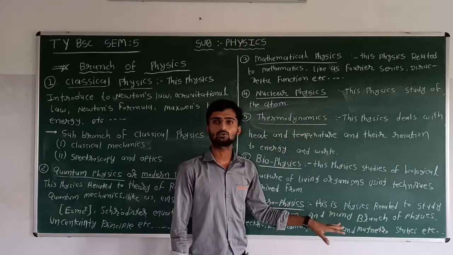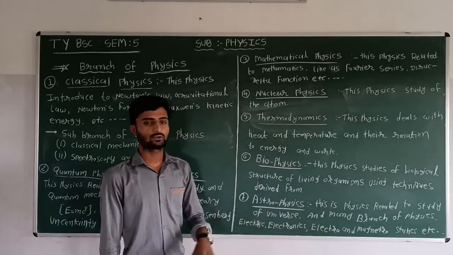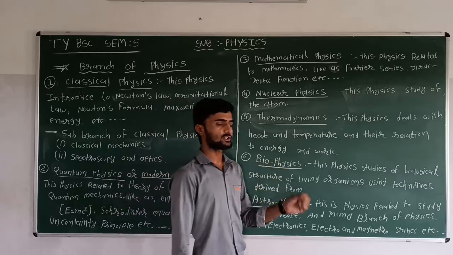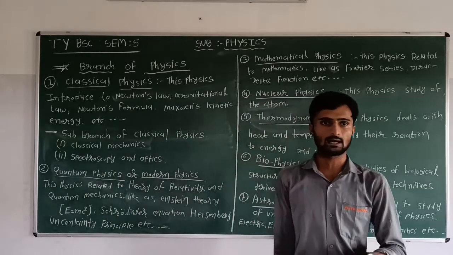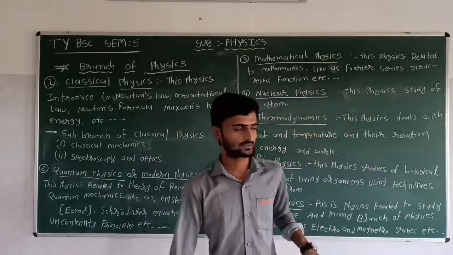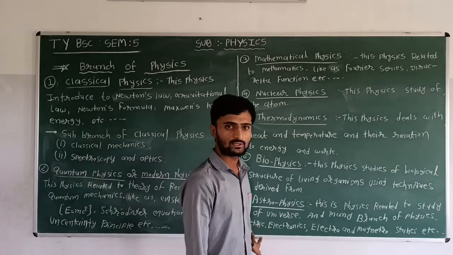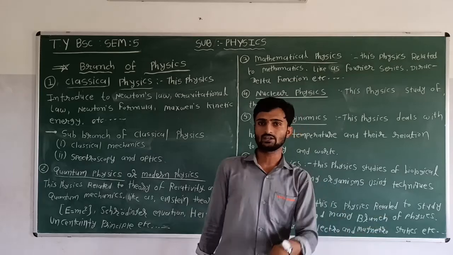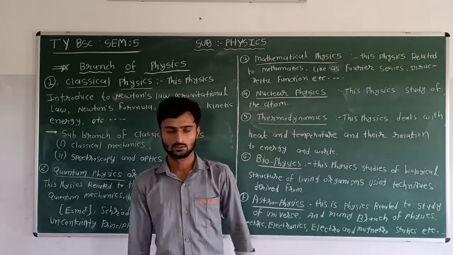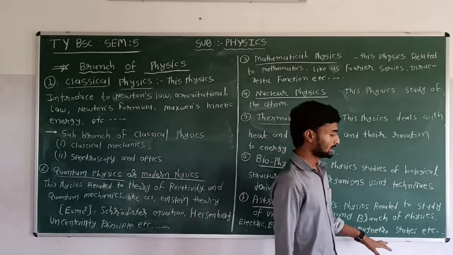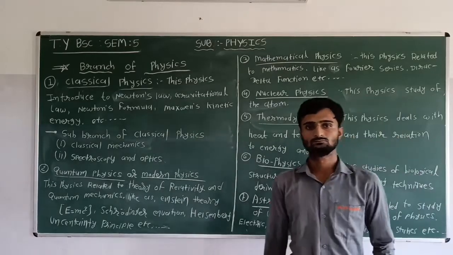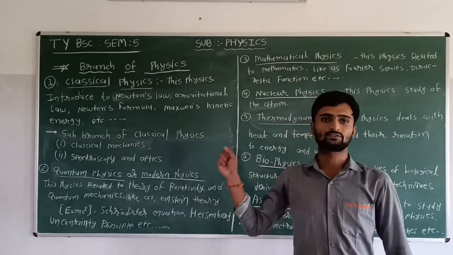This physics is related to the study of the universe, that is, the study of planets, galaxies, stars. And there are many more branches of physics: electric physics, electronics physics, electrostatics physics, electromagnetics physics, and many more branches of physics.